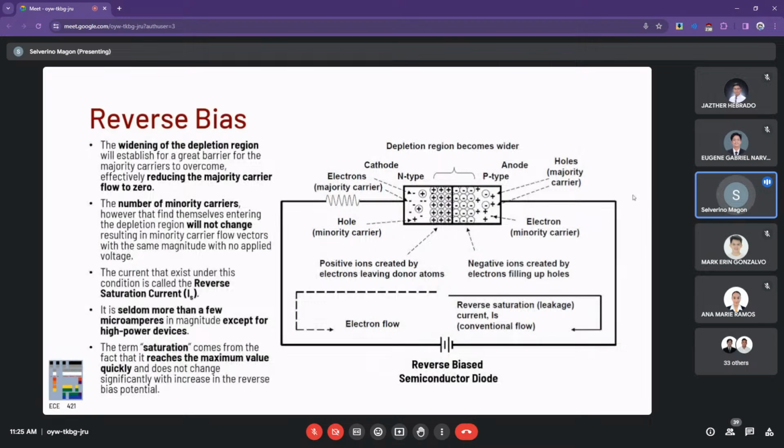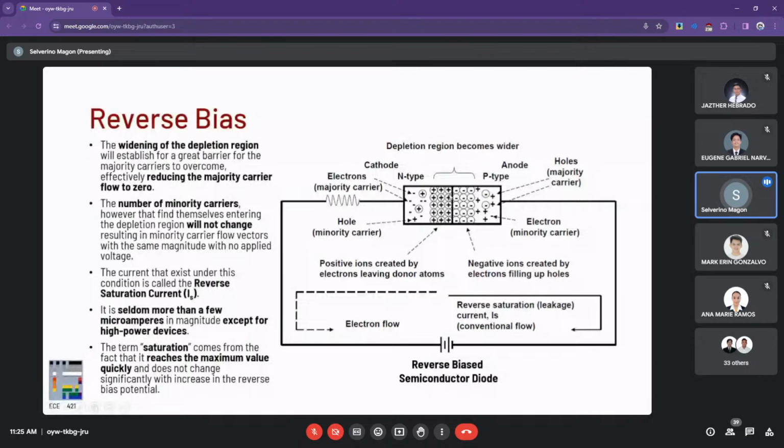So here it can be demonstrated that by further applying positive supply into the n-type, you just keep increasing the positive ions, thereby widening the depletion region even further. So the result is the majority carrier flow is reduced to zero.